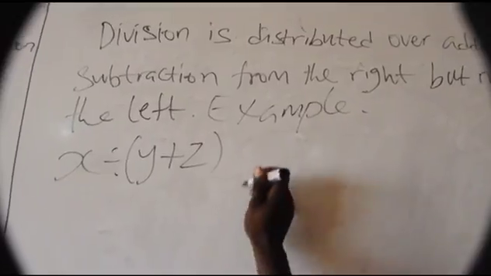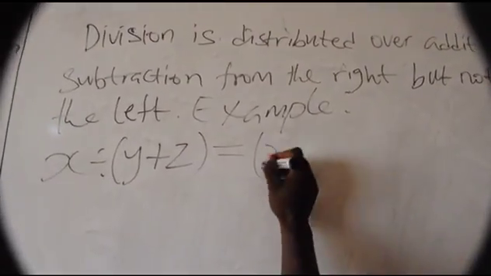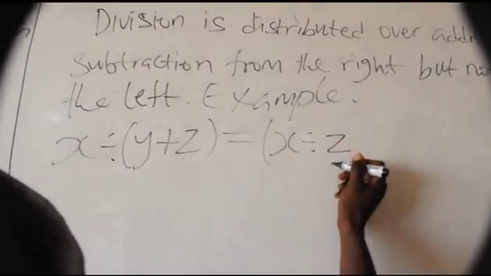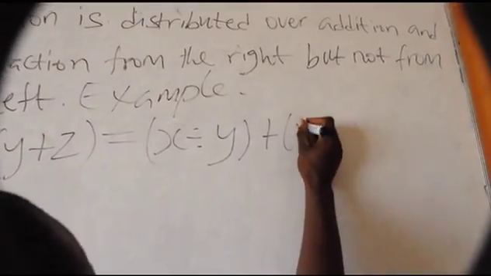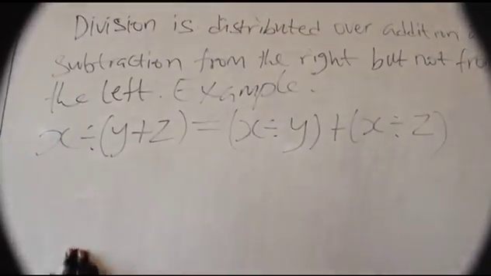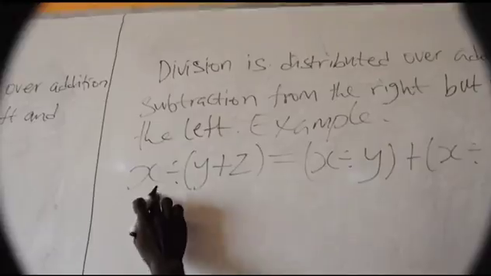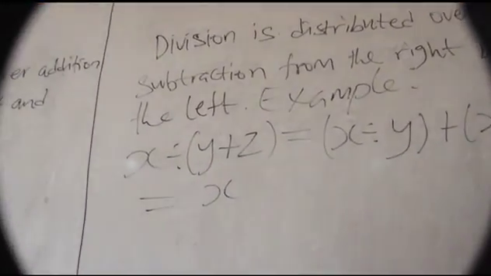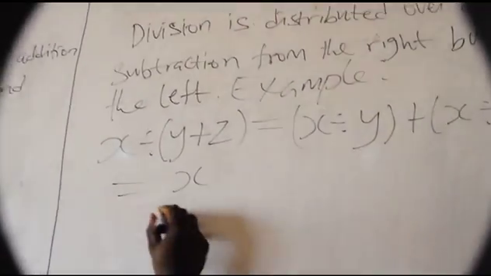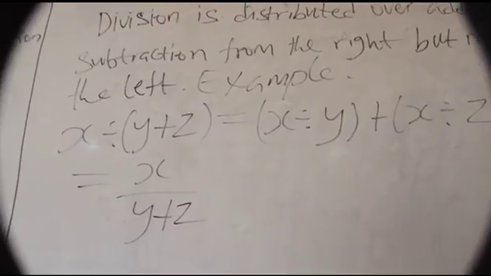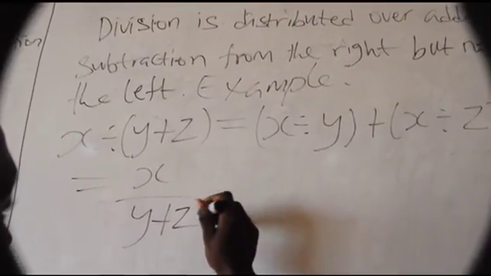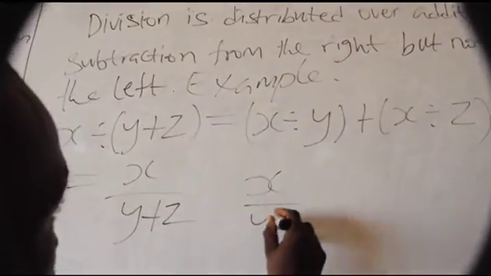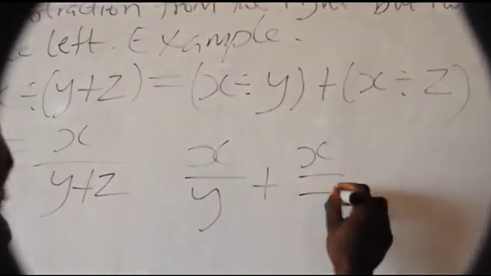So let's see whether it will give us equal to this: x divided by y plus x divided by z. And that will give us x divided by (y plus z), and x divided by y plus x divided by z.